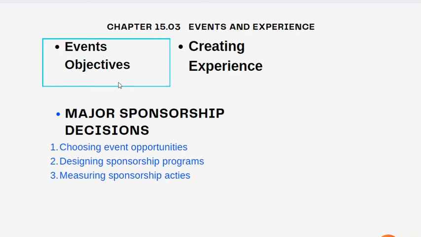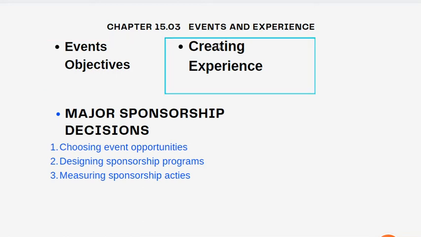To enhance corporate image. To create experiences and evoke feelings. To express commitment to the community or social issues. To entertain key clients or reward key employees. To permit merchandising or promotional opportunities.